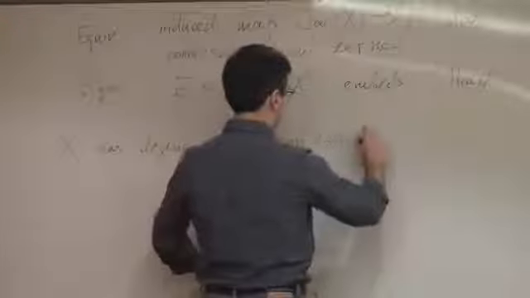All right, and then what is a Mumford curve? X has degenerate reduction over R. Well, let's not specify.